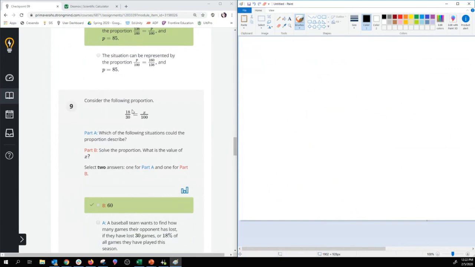All right, consider the following proportion: 18 over 30 equals x over 100. Which of the following situations could the proportion describe? So this 18 and then this 30, does this 18 represent a percentage?